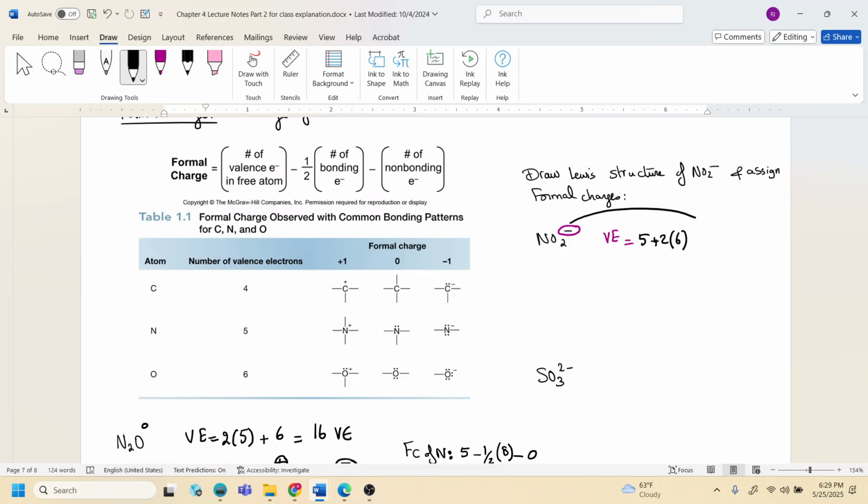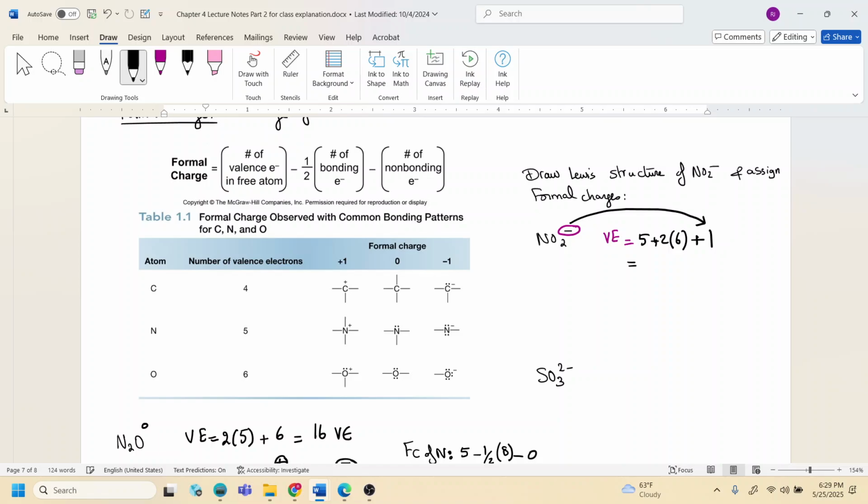So if it's gaining one electron, I need to represent it by plus 1. So I have to add plus 1 in there, or else the valence electron count is going to be an odd number. So just pay attention to that. Valence electrons cannot be odd numbers, they are even most of the time.